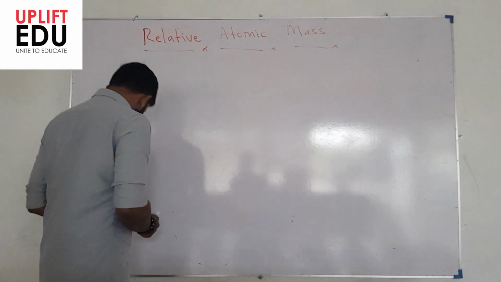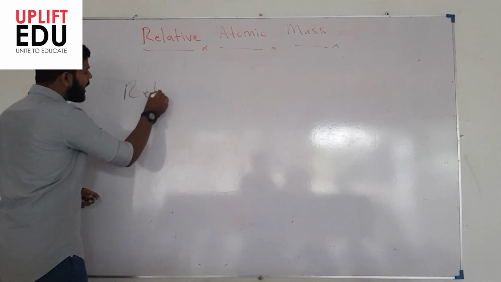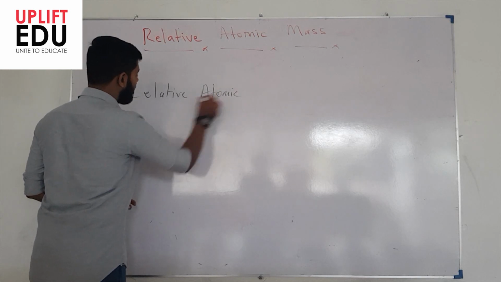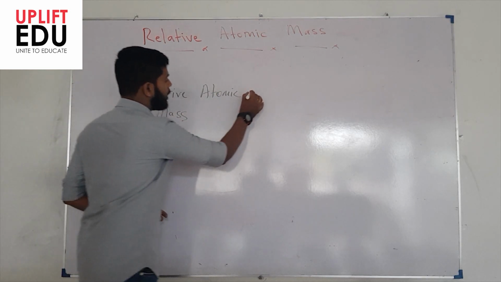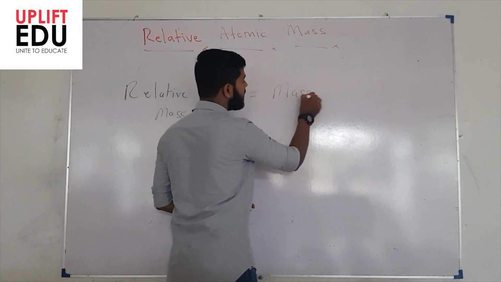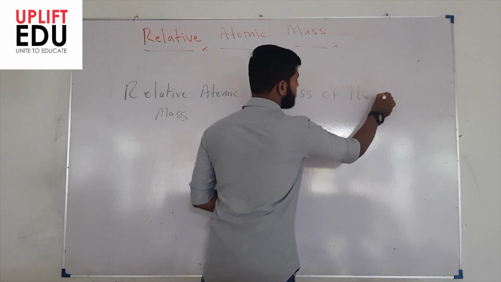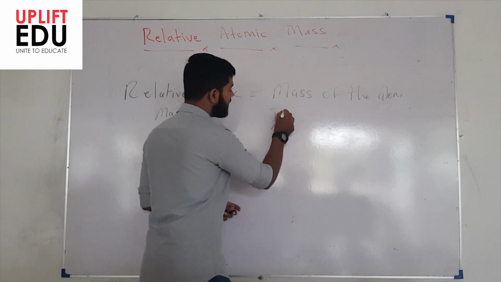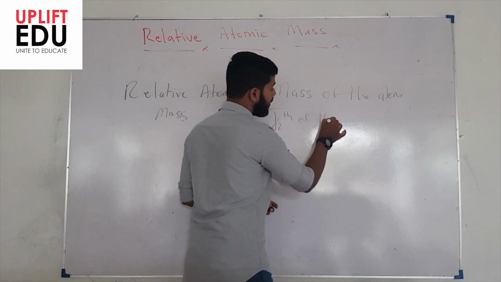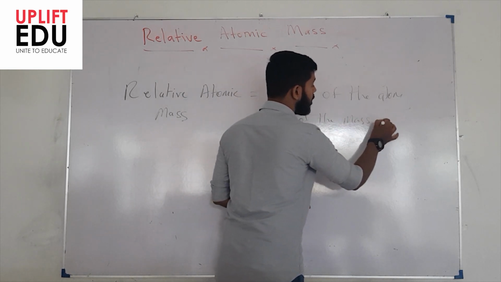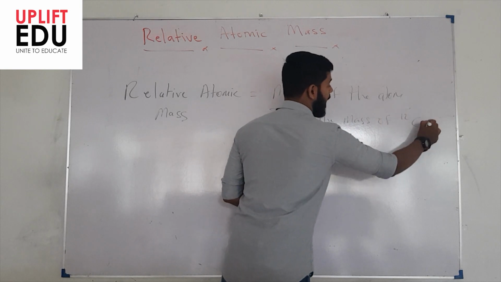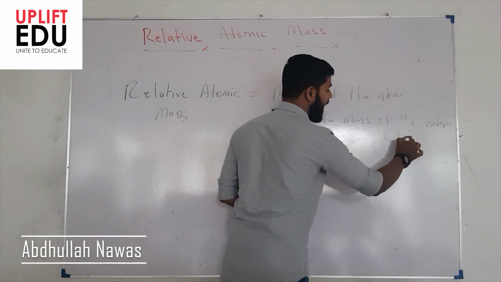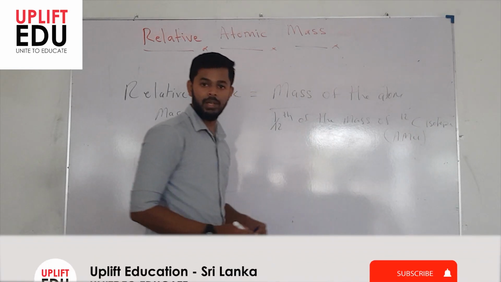So we can say relative atomic mass is equal to the mass of the atom divided by 1/12 of the mass of the 12 carbon isotope. In other terms, for this 12 carbon isotope, we can say atomic mass unit as well, right?